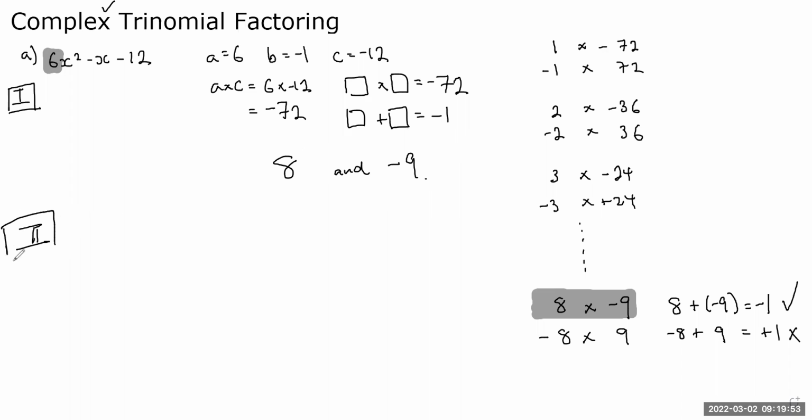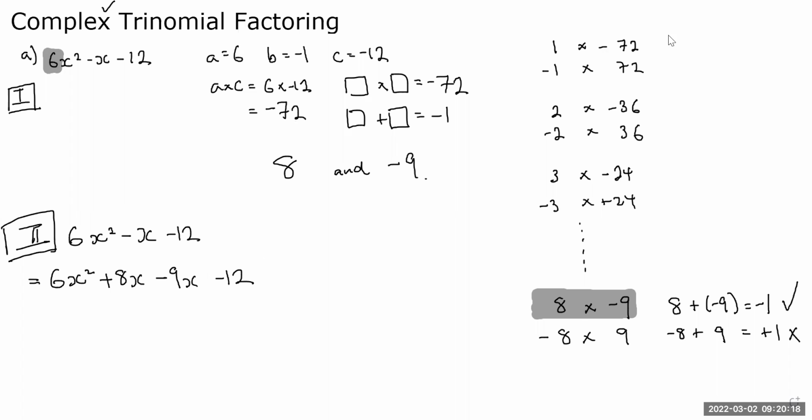Step 2. Take that middle term and break it into these two numbers we've talked about. What I mean by that is this: 6x squared minus x minus 12 is now going to be a positive 8x with a negative 9x. You might be thinking, why did you suddenly introduce those numbers?